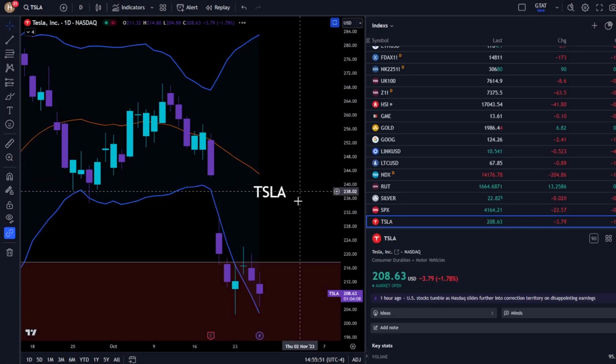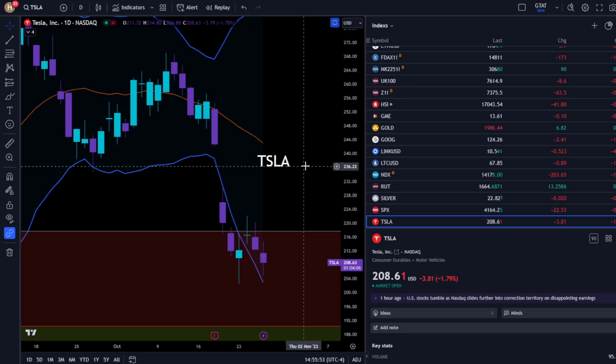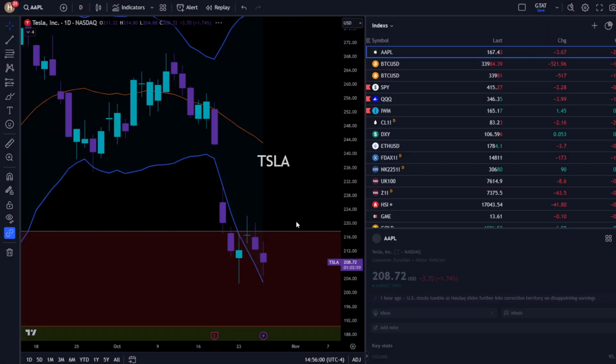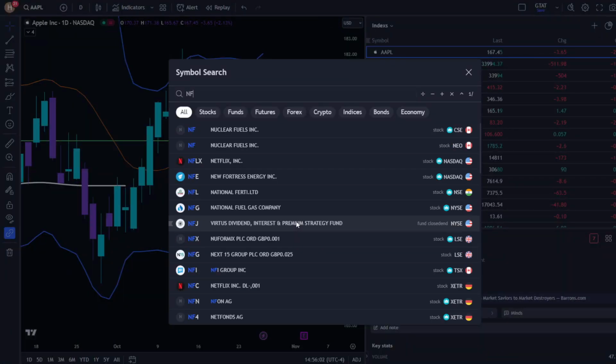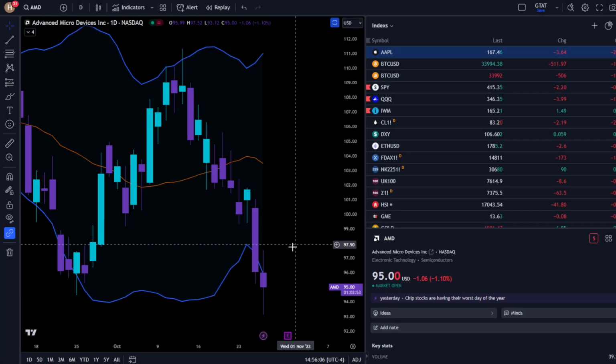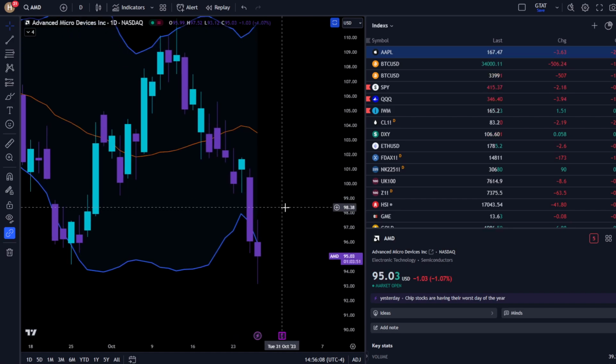A bounce is warranted, just from a Bollinger Band perspective. Google, Meta, Apple, AMD, and Nvidia are very overextended to the downside, guys.